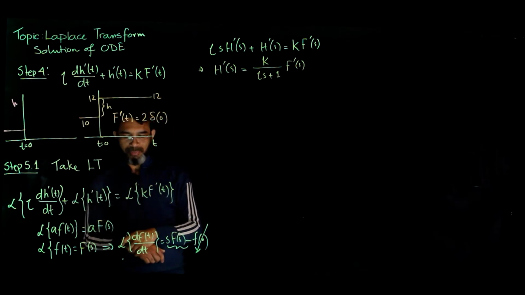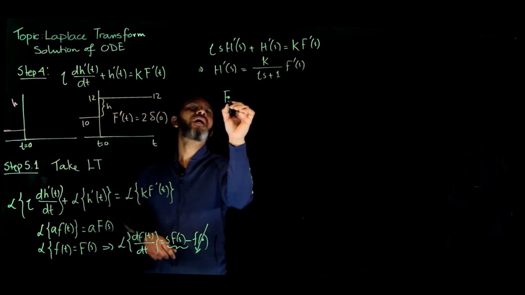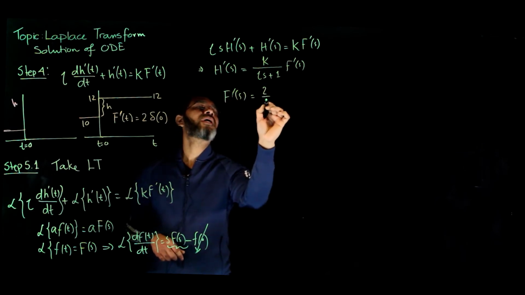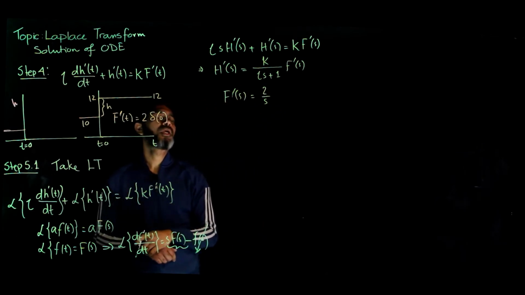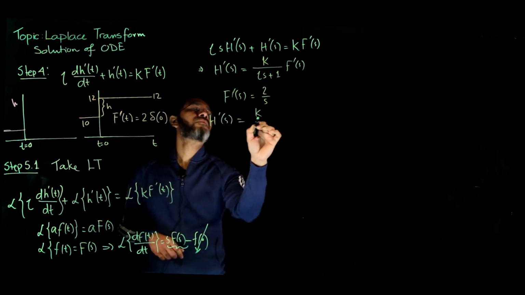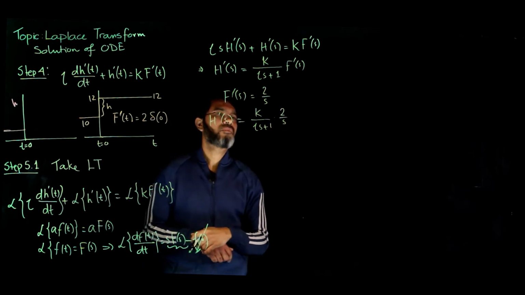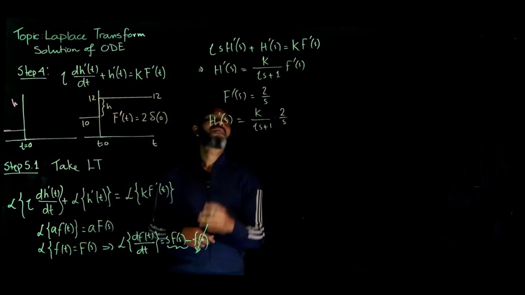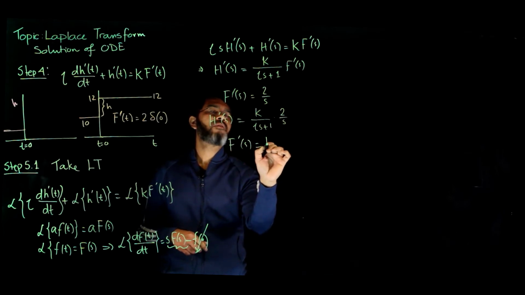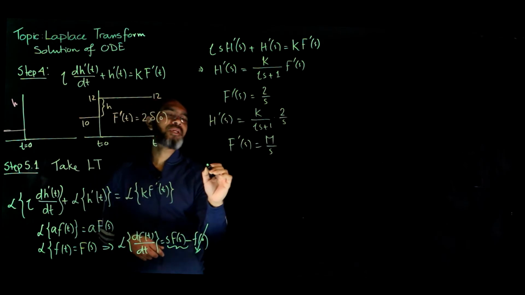For this case, suppose we take the example that f'(t) equals 2 delta naught. So F'(s) will be 2 over s. So we'll have H'(s) will be... Now if we take a general value, if F'(s) is equal to something like m over s, so the magnitude of the change in the input is m, we'll have a general formulation.